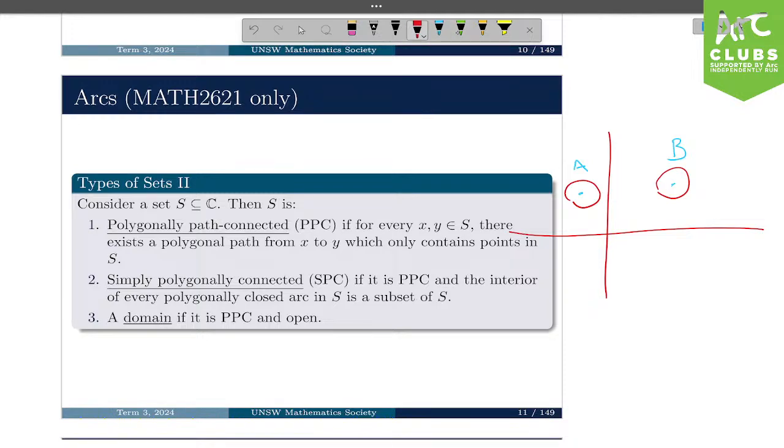And simply polygonally connected is kind of like an upgrade to our polygonally path connected set.